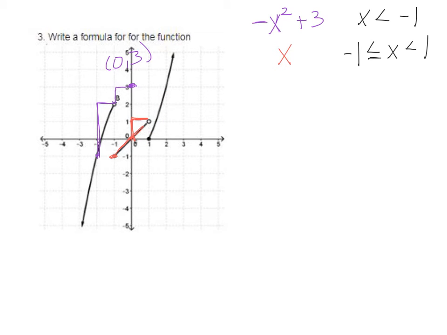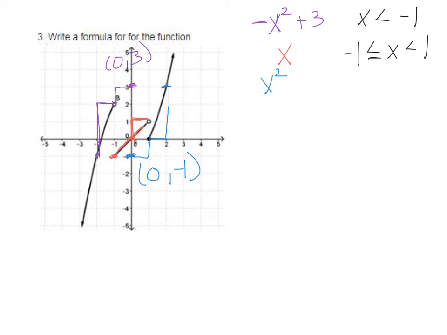So first I'm going to look at this. Here's a point. This was a difference of 3 between those two points, so to find my vertex, it'd be this point right here. My vertex for that blue equation didn't move left or right, and I moved down 1. I didn't move left or right, so it would just be x squared. If I moved left or right, that would be in parentheses, x plus or minus something.